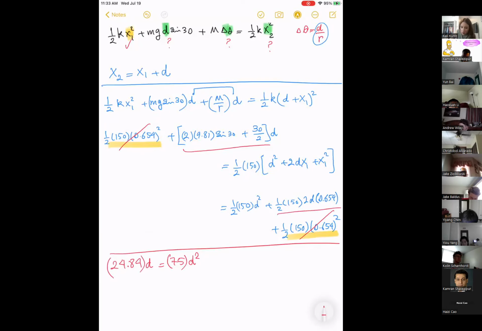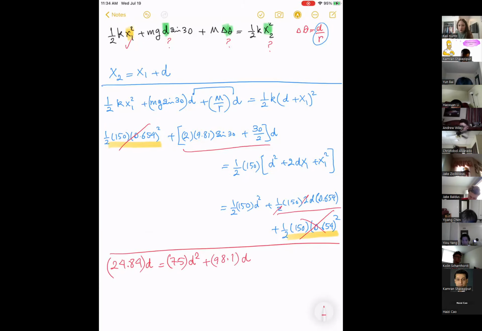This part, we're going to get 0.654 times 150. And this cancels these two. So you're going to get plus 98.1D. And we get rid of this term. So that's it. So it makes it easy.